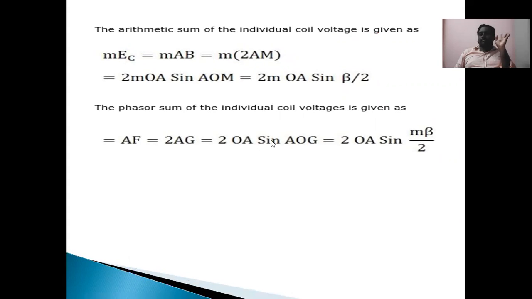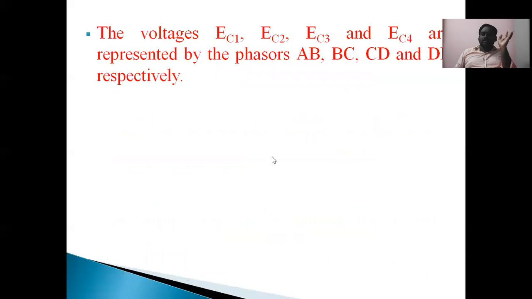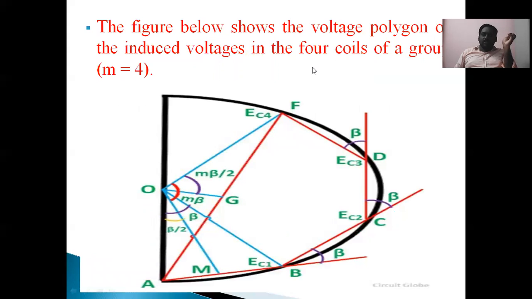2 is common. AF is nothing but 2AC. You can consider the midpoint here, this half of the value, but AF is equal to 2AC.